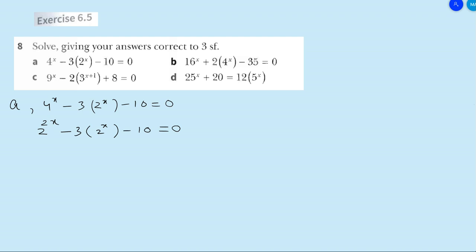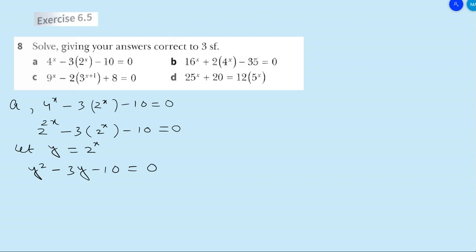So we can write 4 to the power x as 2 to the power 2x. Now let y is equal to 2 to the power x. So it will become y square minus 3y minus 10 is equal to 0.